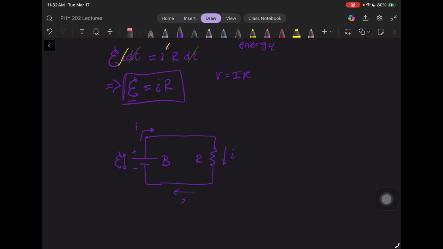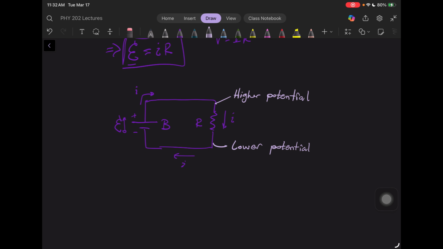And so what we could say is maybe some point here. Let me switch colors up a bit. Maybe some point here is at a higher potential, and then some point here is at a lower potential. And, just like when we had gravity problems, in order to go from the high potential energy to the low potential energy, right, energy has to do something, right?